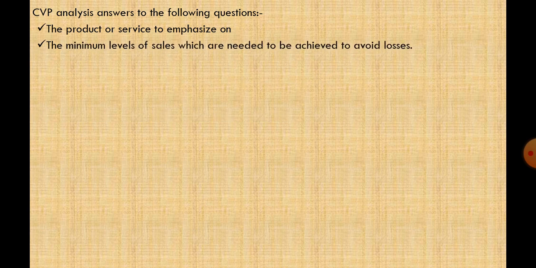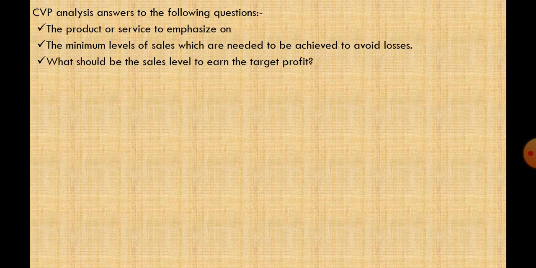Then, the minimum level of sales needed to avoid losses. Remember, the goal of every organization is to make profit. So they have to know at what level they have to make sales and ensure that they are earning some profit on top rather than incurring losses.